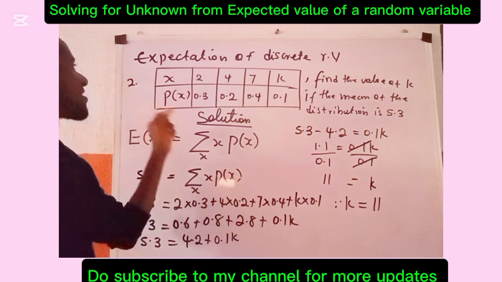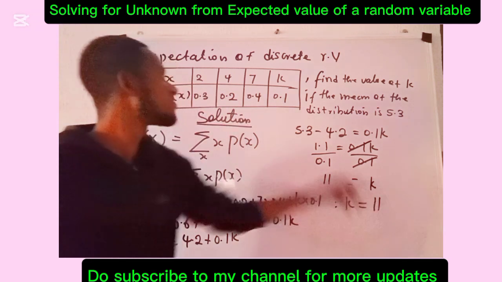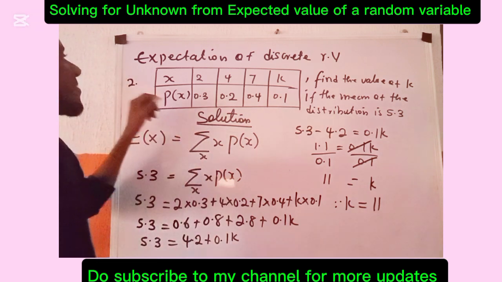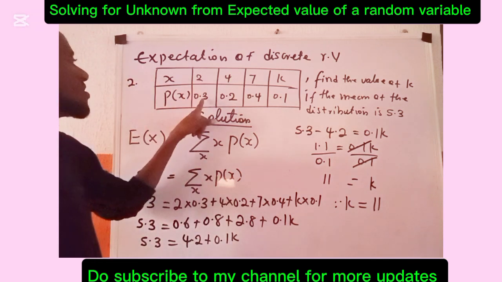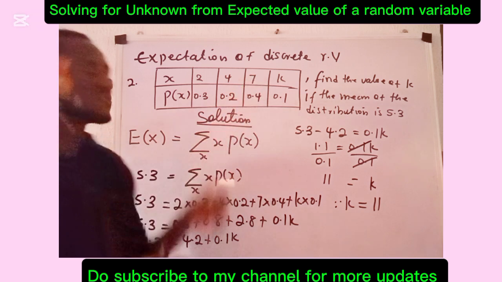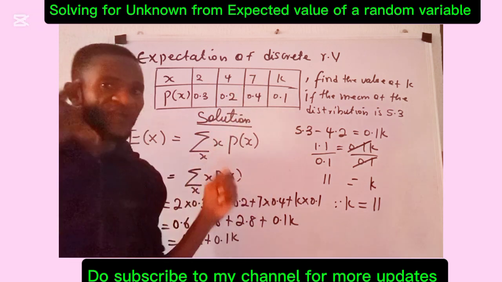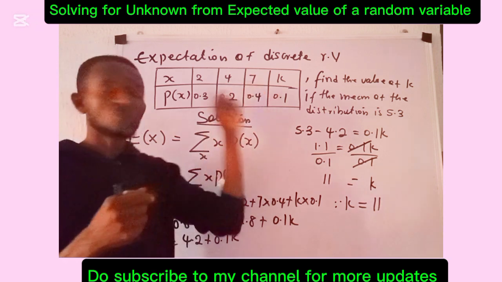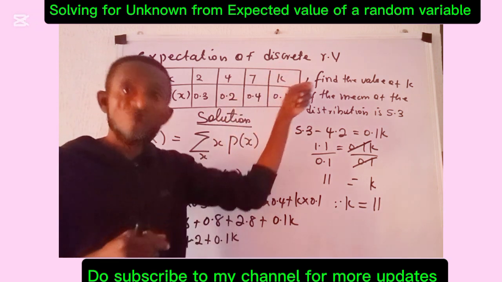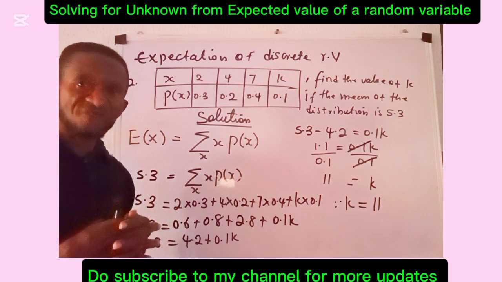So the probability of this random variable x taking up a value 11 is 0.1, while the probability that it takes up a value 2 is 0.3, it takes up a value 7 is 0.4, down the line. So this is how to find the value of an unknown when that unknown occurs within the row of the values of the random variable.